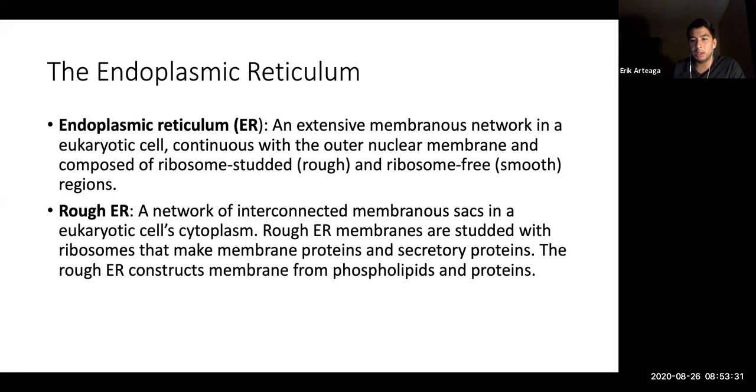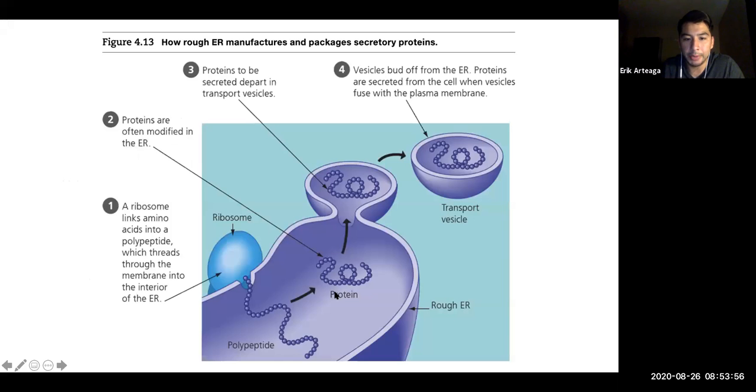Rough ER membranes are studded with ribosomes that make membrane proteins and secretory proteins. The rough ER constructs membrane from phospholipids and proteins, which is very important, right? So the rough ER is responsible for making membrane and proteins for the membrane, okay?